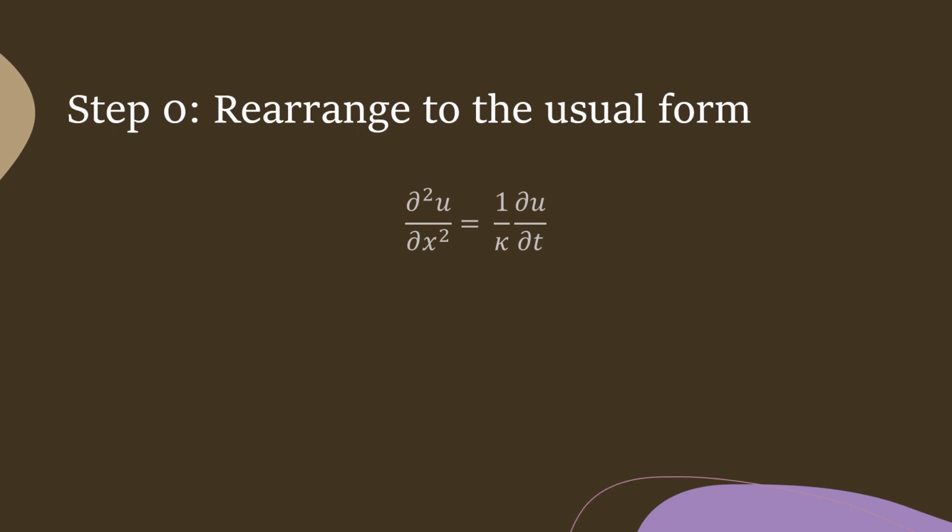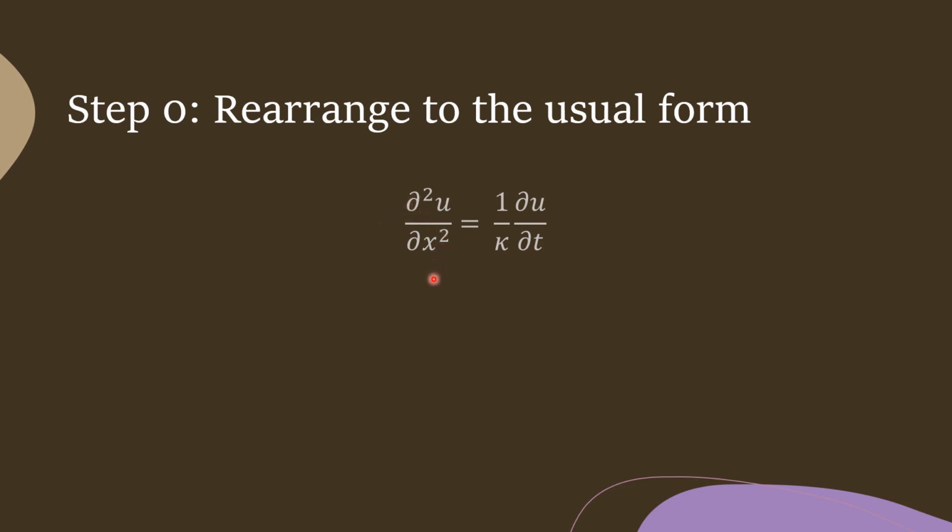So now let us look at what we should do to solve this problem. The first thing that I would like to do is to rearrange it to the normal form that we normally see. So normally we have on the left hand side a term which is proportional to the partial derivative of u with respect to x. So this is your gradient squared, right?